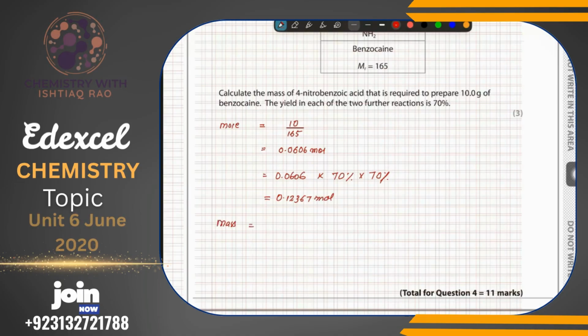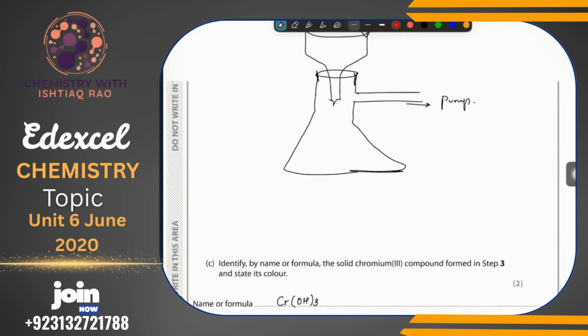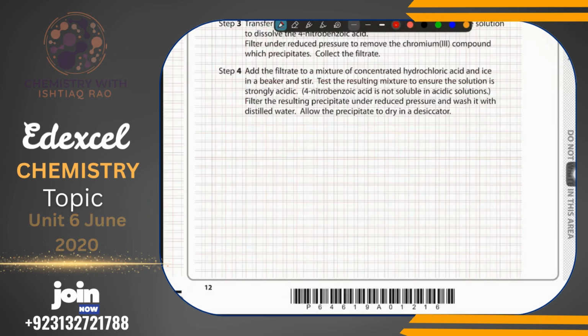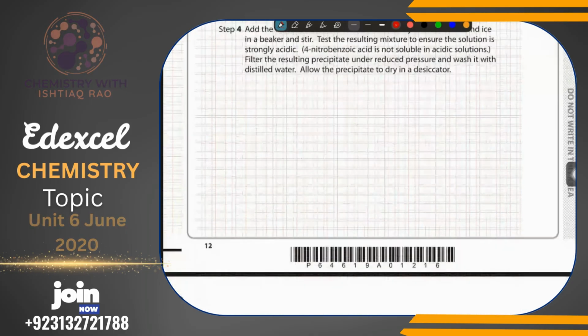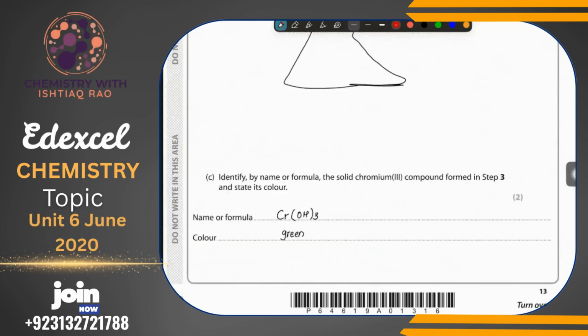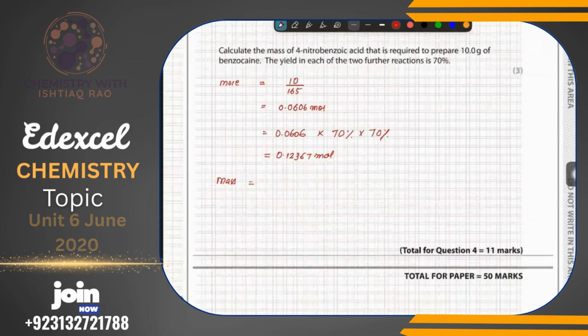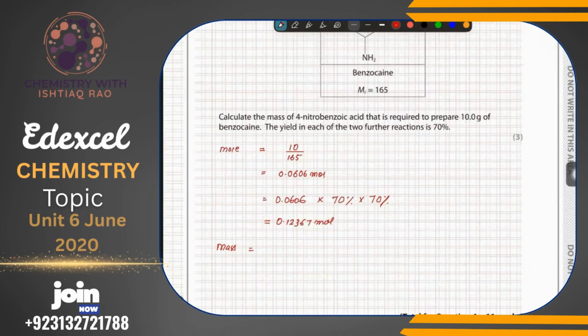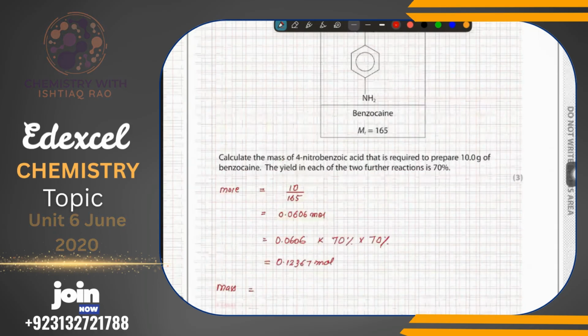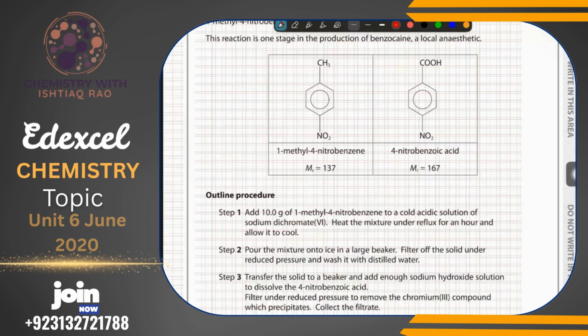And what's the mole ratio? They didn't mention, so it must be 1:1. So the moles of 4-nitrobenzoic acid would be the same. If I would be getting the mass, what's the Mr of nitrobenzoic acid?